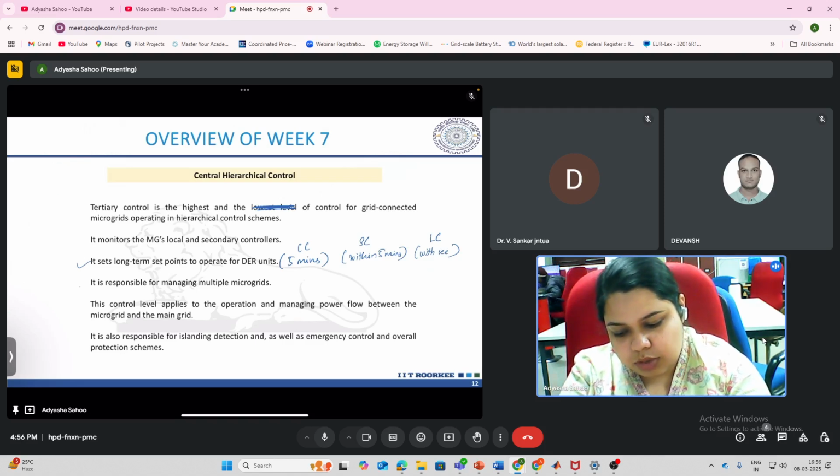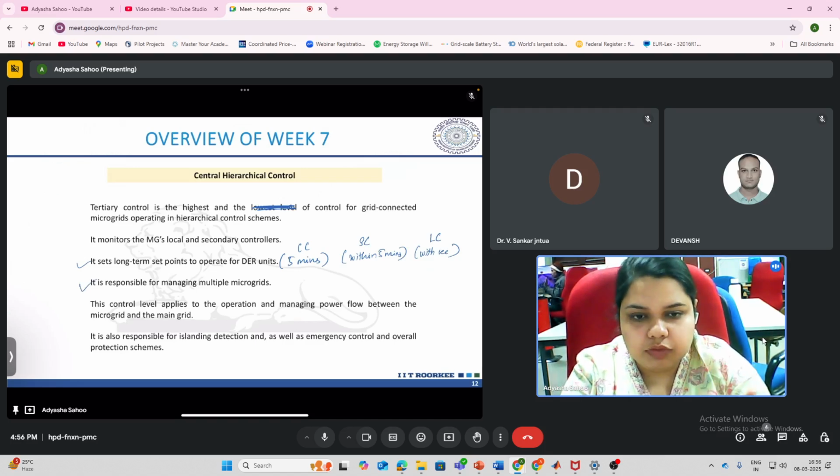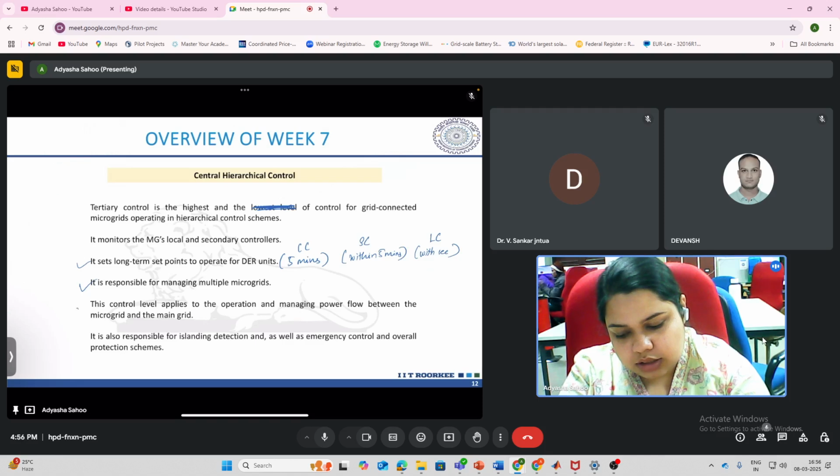Now, it is responsible for managing multiple microgrids. We have discussed that we can communicate with the neighboring microgrids, and for that we need the central controller. Similarly, this control level is also responsible for managing the operation between the microgrid and the main grid or the distribution system.